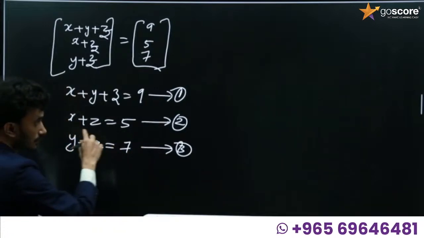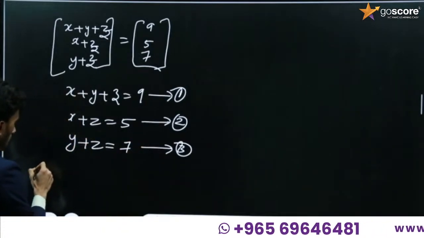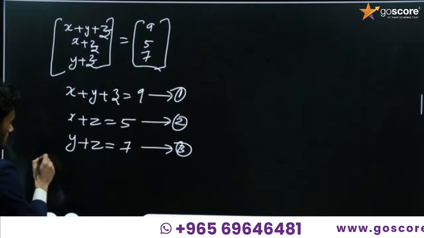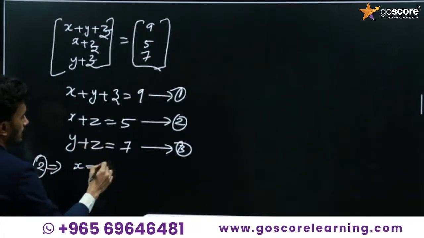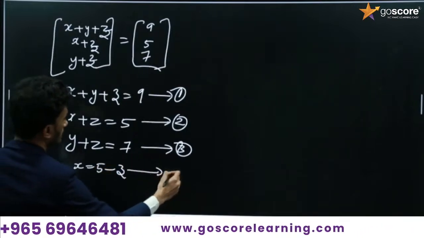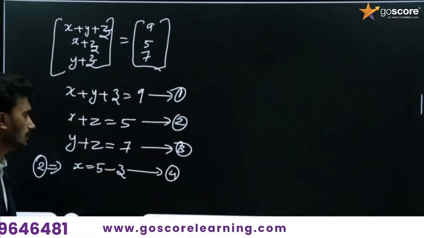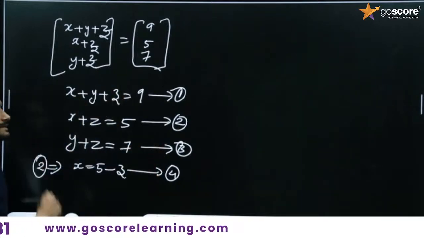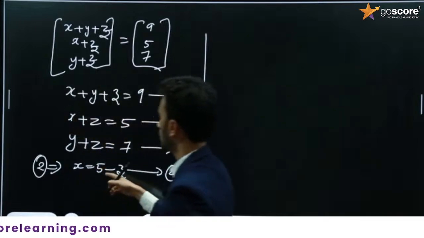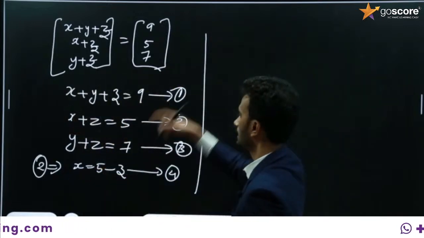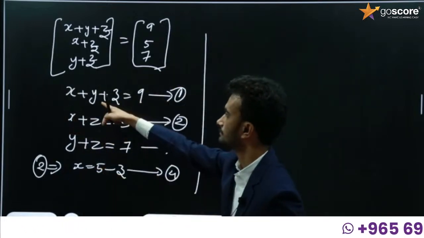Then what is x from equation number 2? From equation number 2, we get x is equal to 5 minus z. I am taking this as equation number 4. Substitute that value in equation number 1.